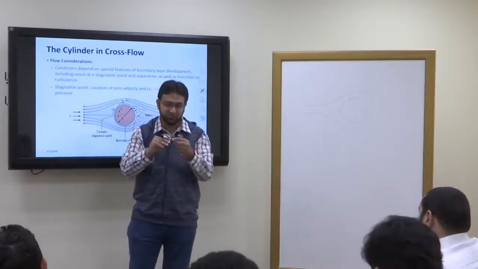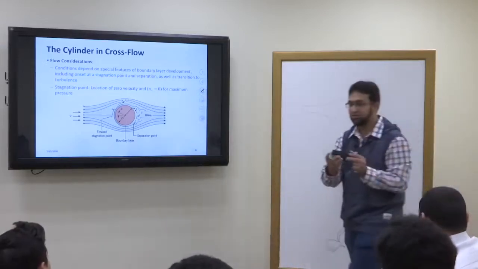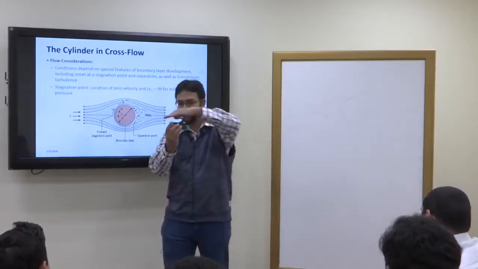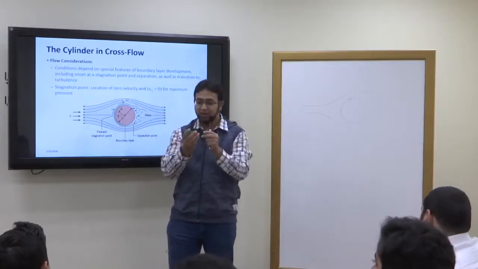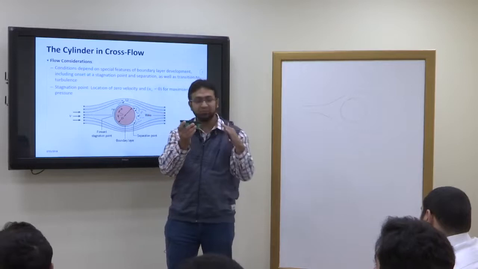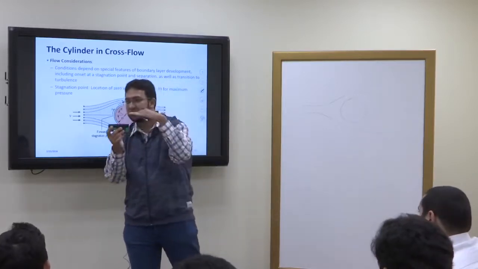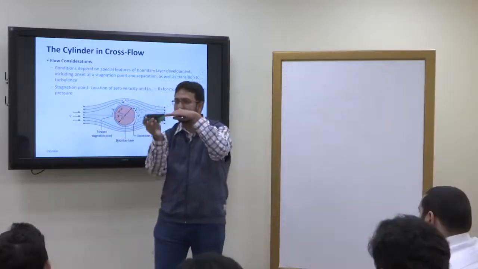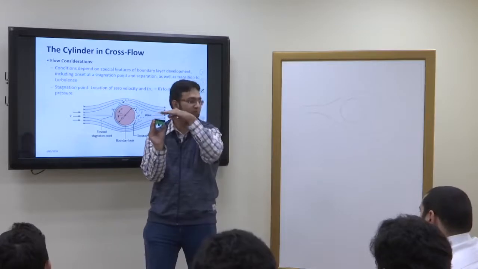Parallel flow was the case if the plate is placed in the direction of the flow. If the plate is placed perpendicular to the flow, then it is cross flow.